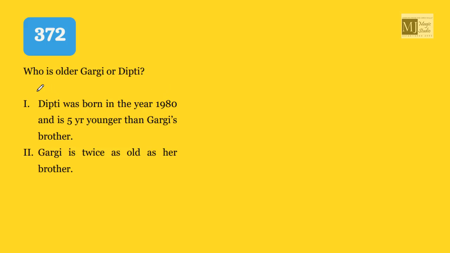Question number 372 from data sufficiency. Who is older, Gargi or Dipti? Statement 1: Dipti was born in year 1980 and is 5 years younger than Gargi's brother.